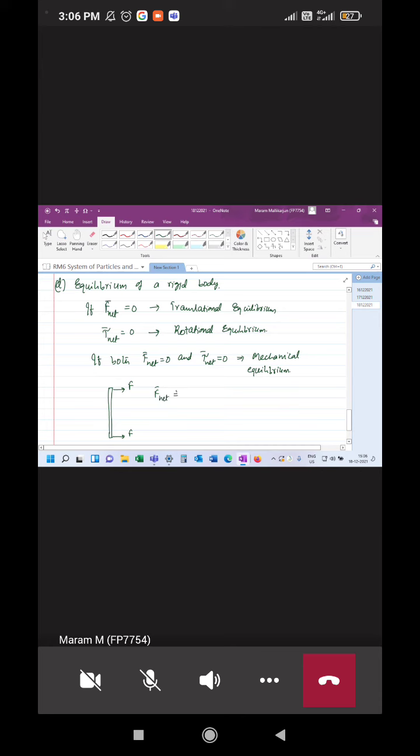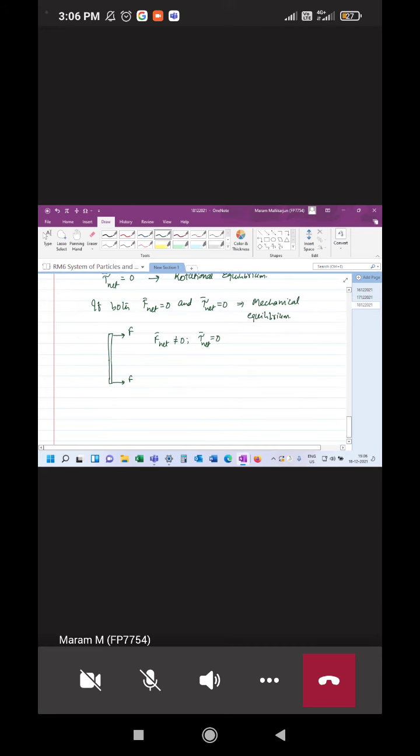How can you say it is 0? Because if I take this point on the body, the upper force is trying to rotate it in the clockwise direction. The same amount of torque is applied by the lower force, which is trying to rotate it in the anticlockwise direction. So net torque is 0. So I call it rotational equilibrium.